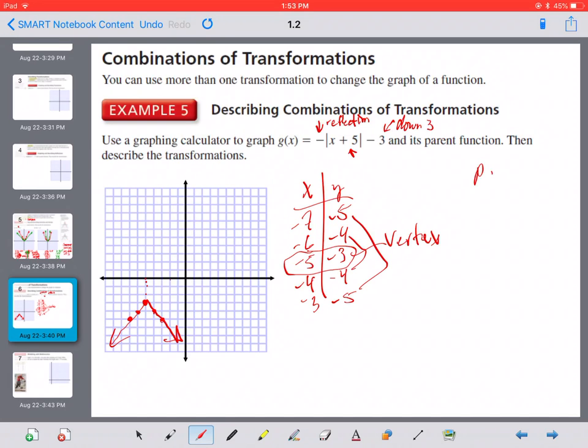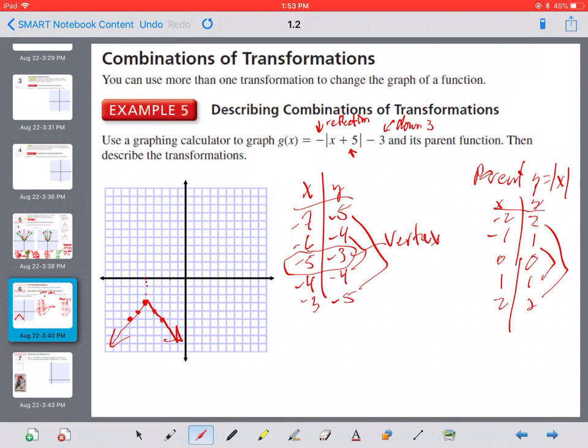And the original parent, y equals absolute value of x, that one's back at our original places, -1, 0, 1, and 2. That'd be 2, 1, 0, 1, and 2. I still get those V's around there. So 0, 1, 2, graphs like this.